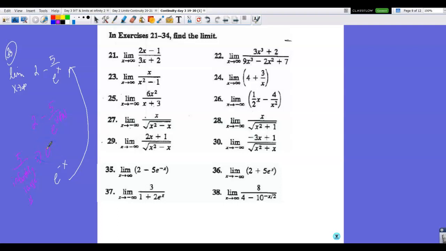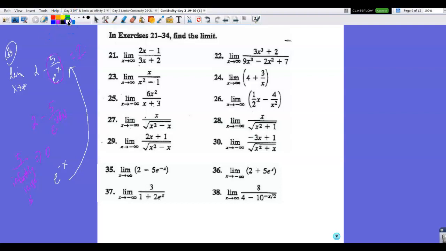Think about that again. 5 pieces of bubble gum shared with everybody in the world means everybody gets virtually 0 amount of bubble gum. So as x goes to positive infinity, this fraction approaches 0, and 2 minus 0 is 2.